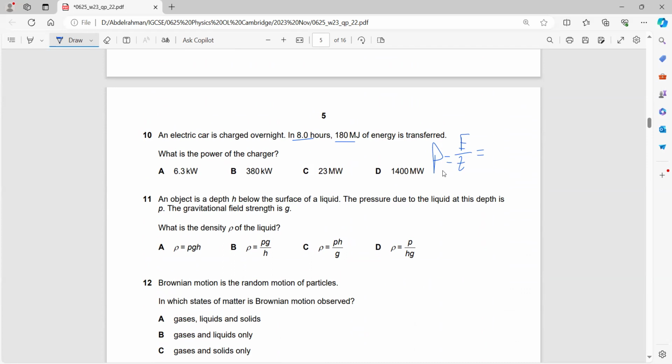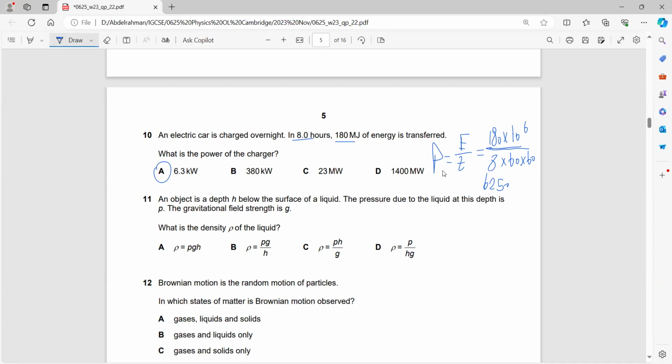The energy is 180 times a million, which is 10 to the power of 6, divided by 8 times 60 times 60, which is 3,600. This gives a total power of 6,250 watts, which is around 6.3 kilowatts.